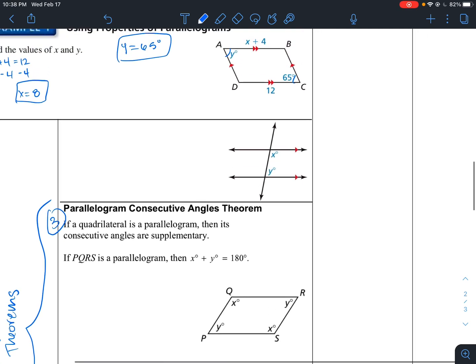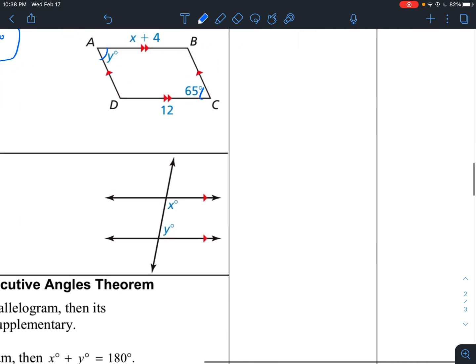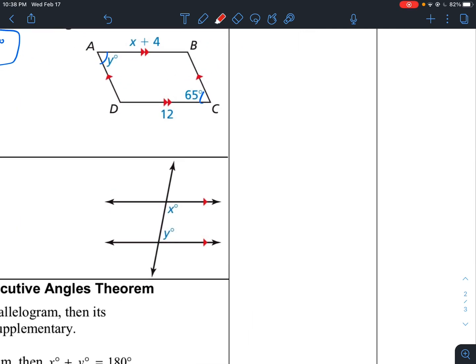First of all, we are familiar with this diagram. We've covered it in the last unit. If we have two parallel lines right here, and we have a line that cuts them called the transversal, then there were what were called consecutive or same-side interior angles. What we knew about same-side interior angles is that they were supplementary.